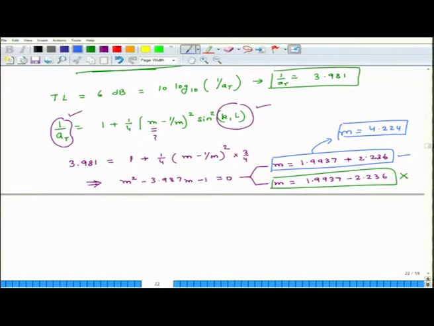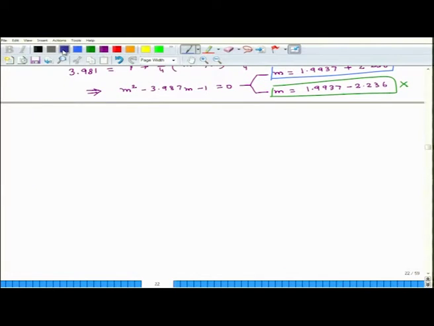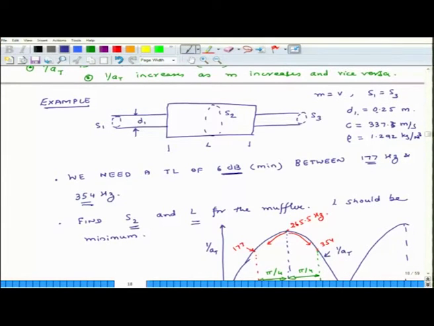So, now that we have calculated m, we now calculate the diameter of chamber, and the diameter of chamber is equal to 250 divided by 4.224. So, where is this 250 coming out from? It is coming out from this parameter which we had defined.